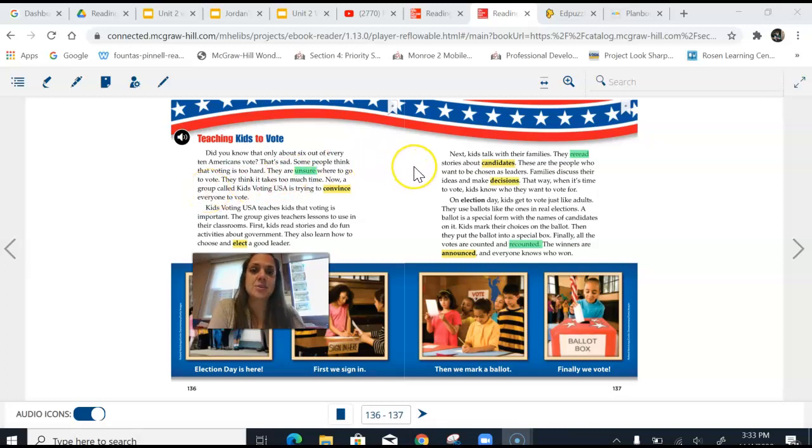Let's look at our next word and look inside of it to identify the base word and the prefix to determine the meaning. Next, kids talk with their families. They reread stories about candidates. Well, what is the base word inside of this word that can stand all on its own and still have meaning?